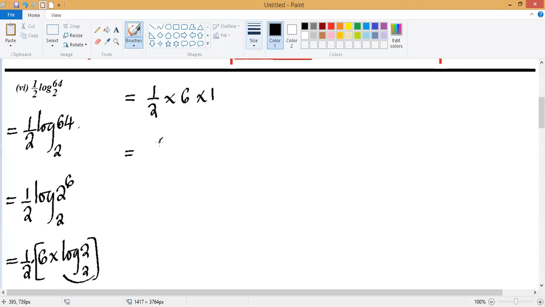A half times 6 giving us a 3, and the half log of 64 to base 2 gives us a 3 at that instant.